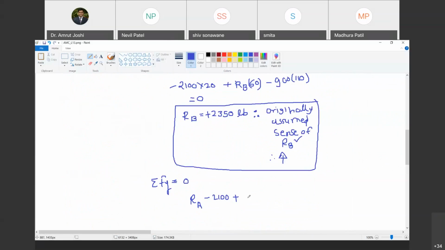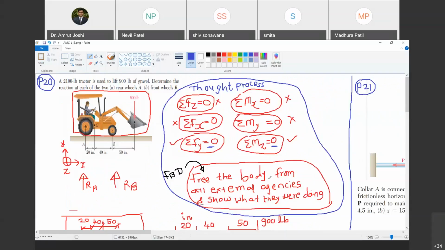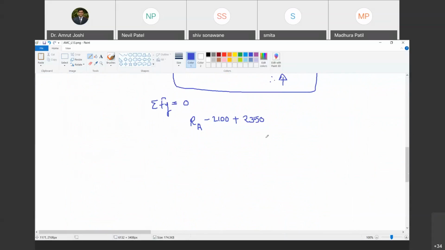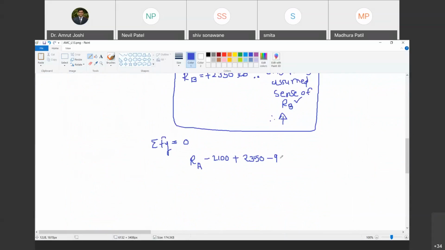Therefore, that plus sign will be retained and it will be 2350. Are you with me? Yes, sir. And minus 900 equal to 0. So tell me. 650. So RA has turned out to be plus 650 pounds.